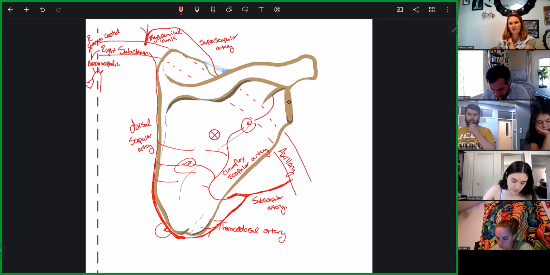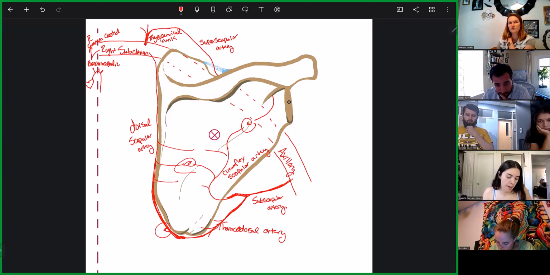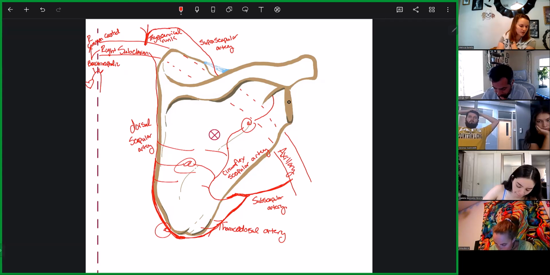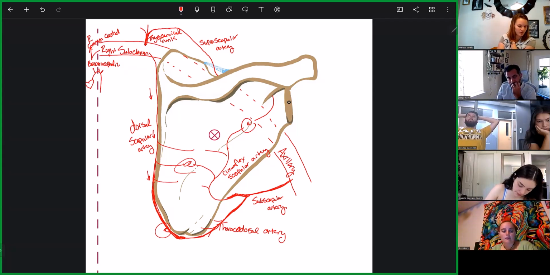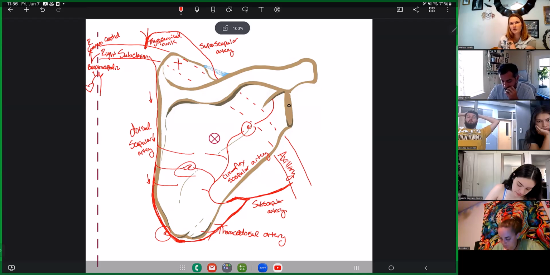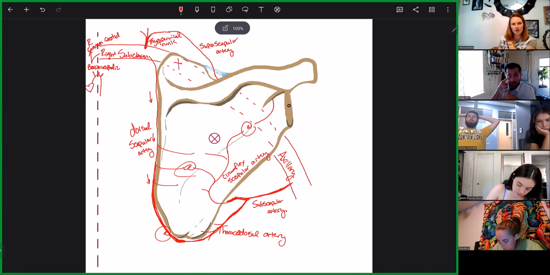Arteries do not have valves for a very specific reason. They don't have valves because you can flow retrograde inside of these. So if you think, oh, well, dorsal scap only ever really goes this way. Well, say that something was blocked right here, that you have a big blockage or pressure or whatever.